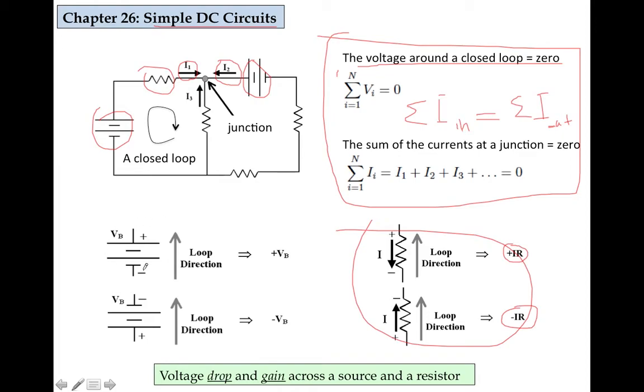For batteries or sources, if you go from low potential to high potential, that's an increase, and this can easily be seen: high minus low is positive. And if you're going from high potential to low potential, that's a voltage drop. I will explain this very well in class, and you should not have any problem. So this is the concept of voltage drop and voltage gain across a battery source or a resistor.